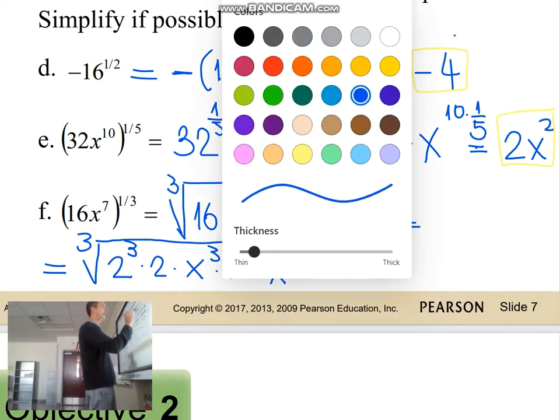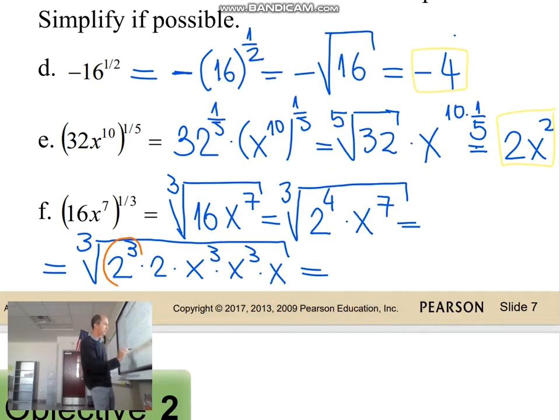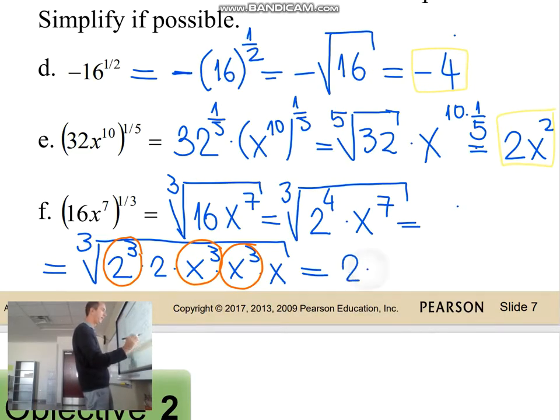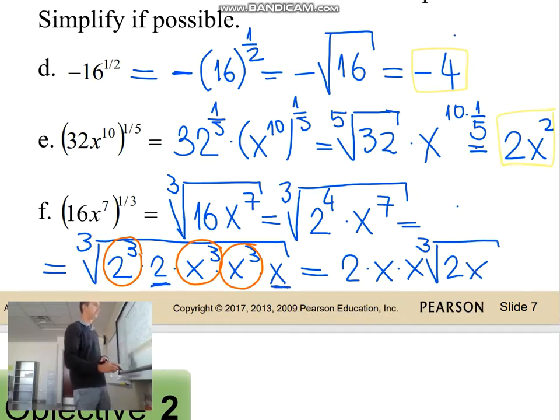Those that have the same exponent as the index, we can bring outside the root, right? So we will have 2 times x, times the cube root, and inside the cube root we will keep at least 2 and x, right?